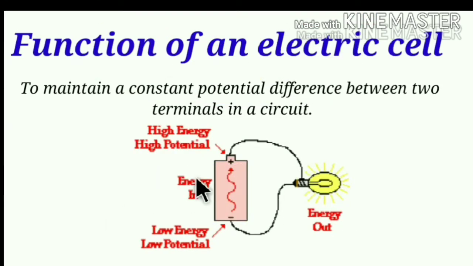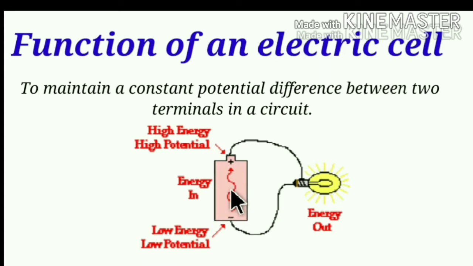The function of an electric cell is to maintain a constant potential difference between two terminals in a circuit. There is no current as there is no potential difference in the absence of the cell.